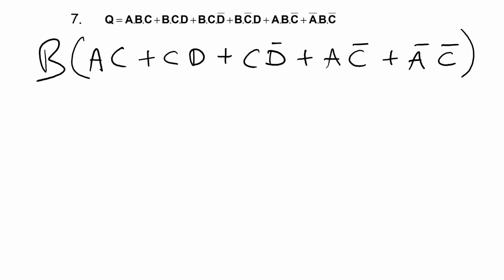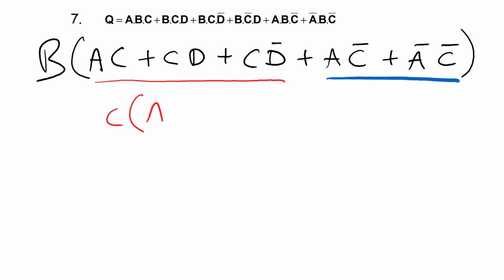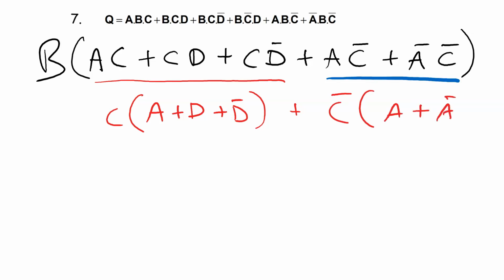I think there's a few ways I could do this, but my feeling is I fancy taking the C's out of here and the not C's here. Yeah, let's do that. So for the C's, we're going to go C, A, or D, or not D. And I said not C here, didn't I? So that means we've got not C, A, or not A. The whole thing still has a B at the front of it, mustn't forget that.